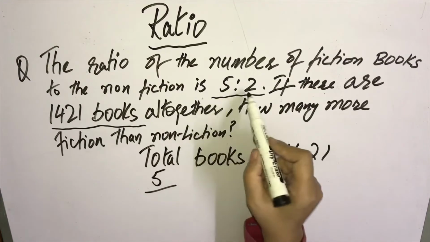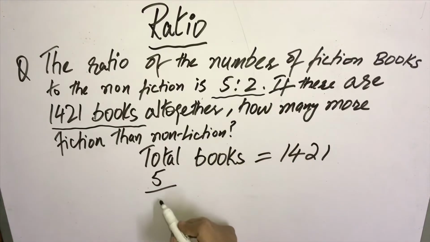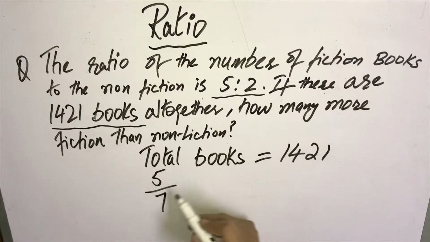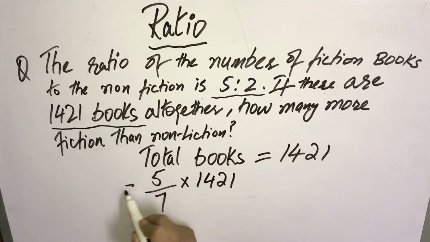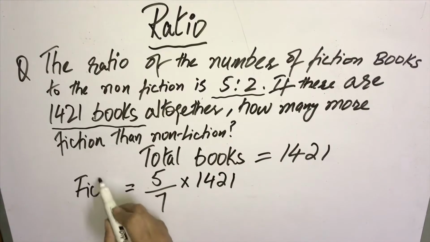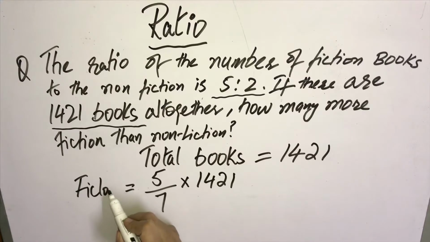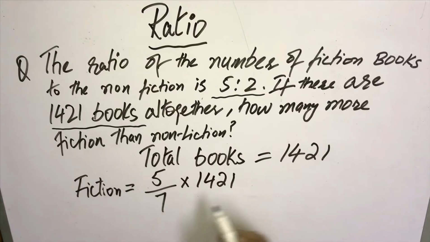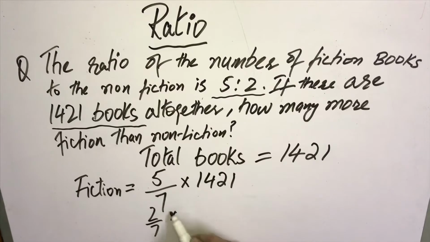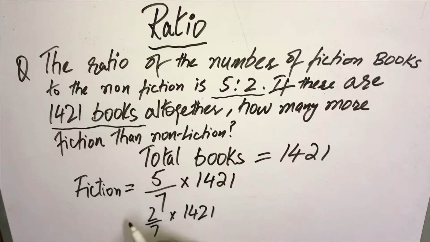If I take this fraction, the sum of the ratio in the denominator, 5 plus 2 is 7. 5 out of 7 of the total books is fiction, and 2 out of 7 of the total books are non-fiction.